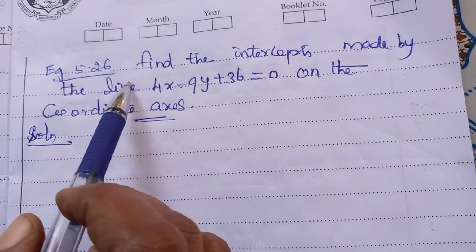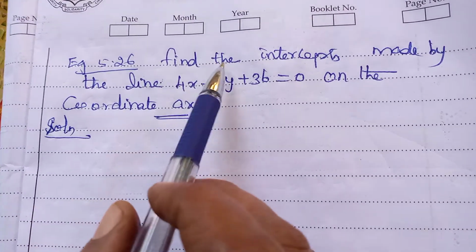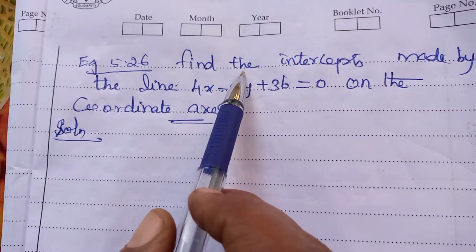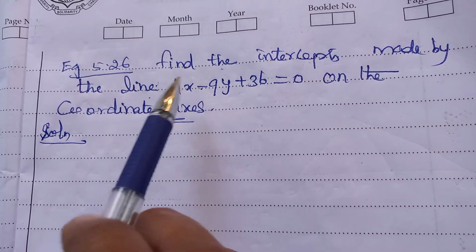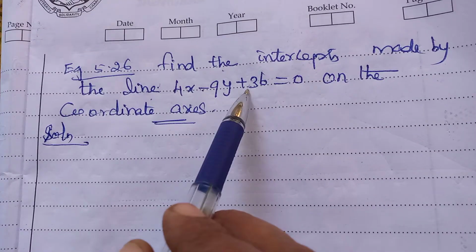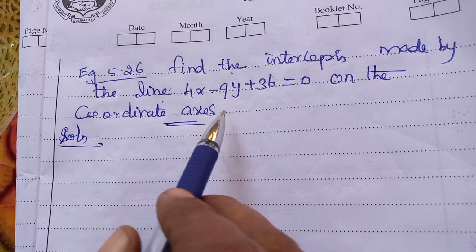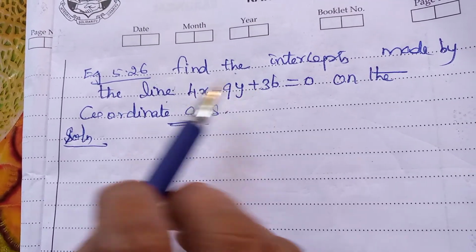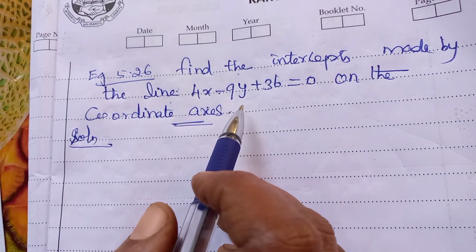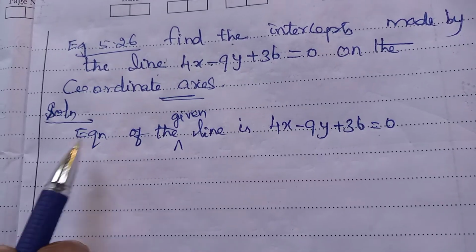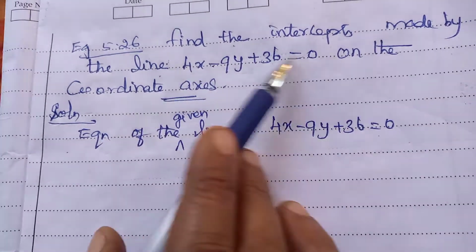Next, example 5.26. Find the intercepts made by the line 4x minus 9y plus 36 equal to 0 on the coordinate axes, the x and y axes. Solution: let us write the given equation.